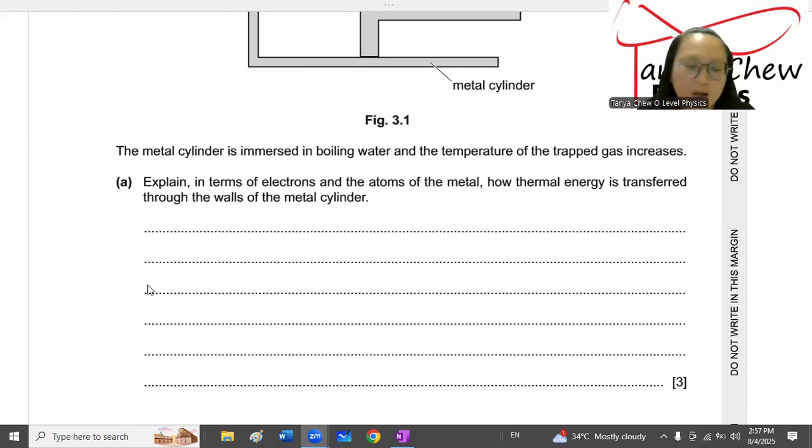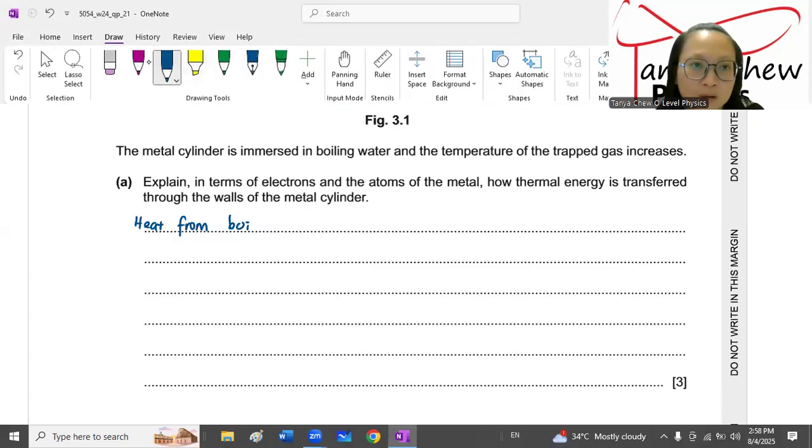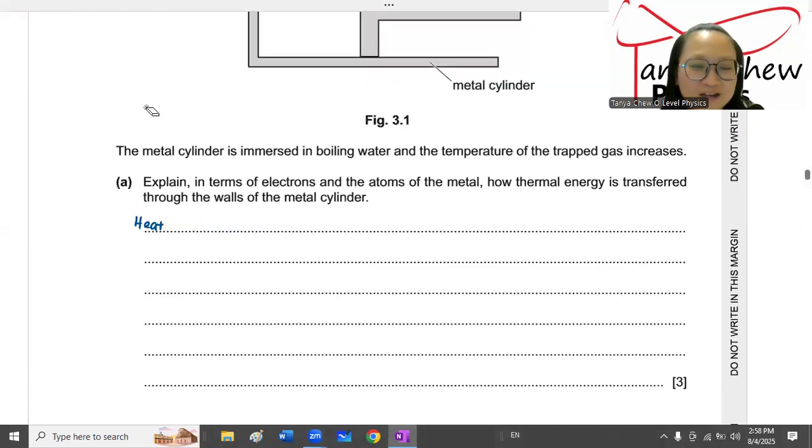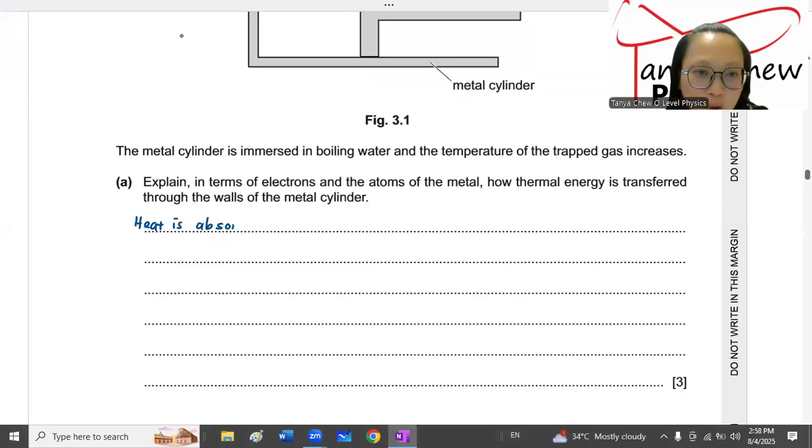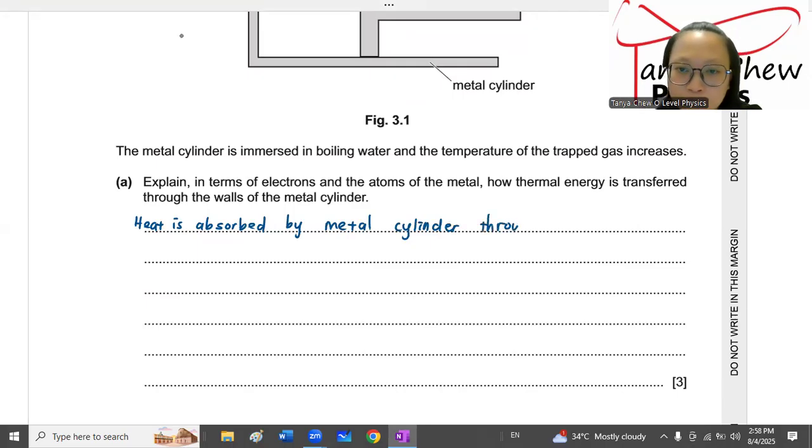So I'm going to write that down. Heat is absorbed by metal cylinder through conduction, because there is a physical contact between the metal as well as the water.